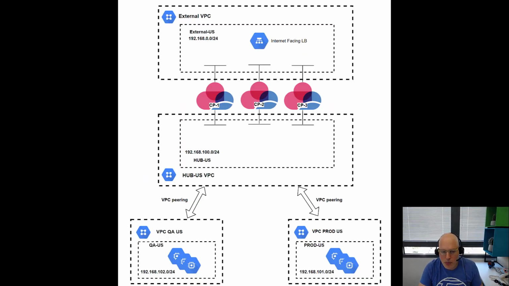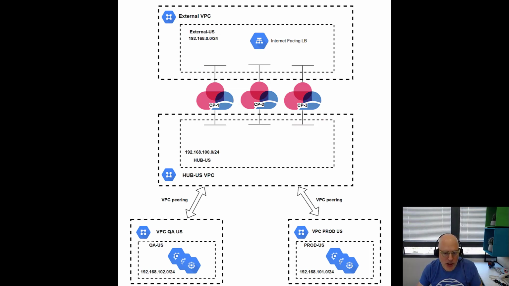And here is the topology that I've already created. I deployed a CloudGuard R81.10 MIG. ETH0 is connected to the external VPC. ETH1 is connected to the hub VPC.